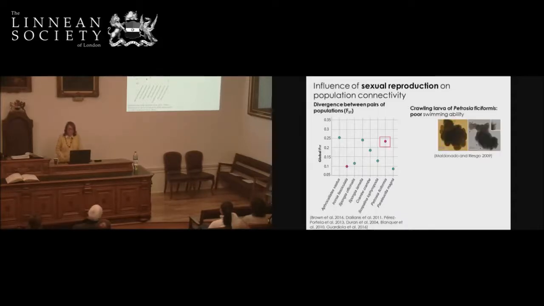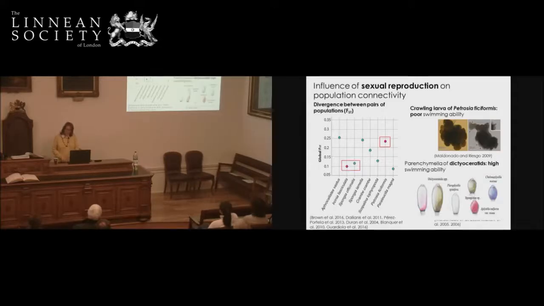And we think that these differences are caused by these 2 larvae that they have. So the crawling larva of Petrosia fittiformis doesn't go anywhere, so you have massively different populations. But this other sponge, this Dictyoceratid, has high swimming ability larvae, and they can more easily connect their populations.